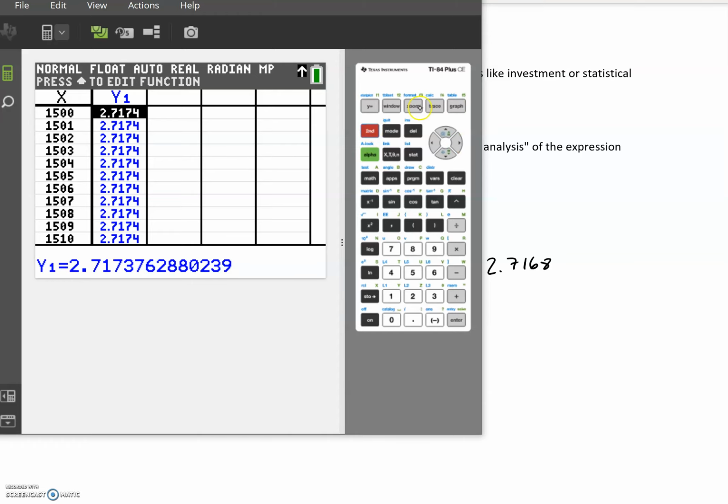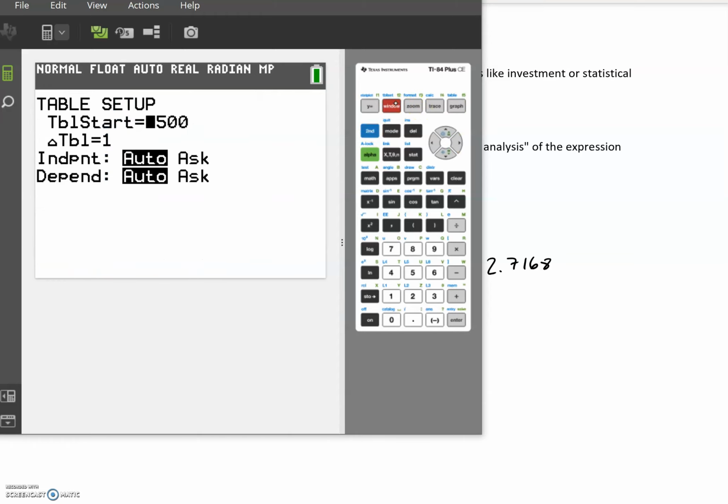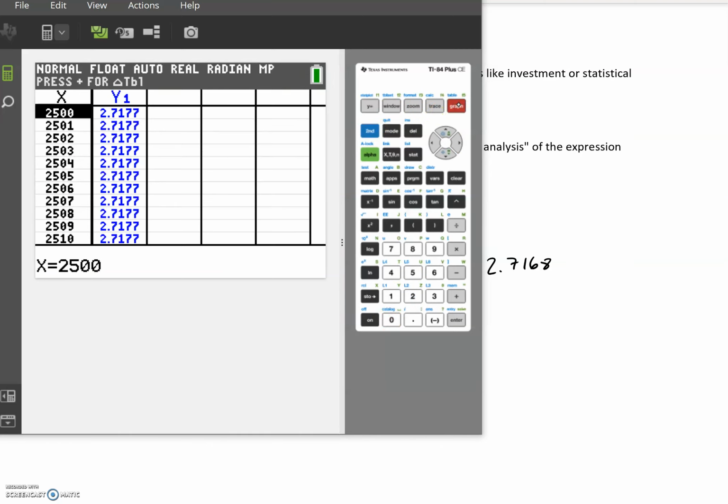Let's say I go to second window and I put 2500 for my n value. Second graph. And now, when 2500 is input, I'm getting even closer to 2.718. In other words, you get the idea. The bigger n gets, the closer I'm going to get to e.